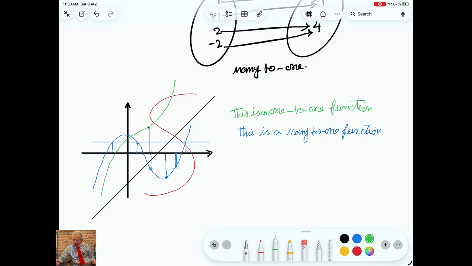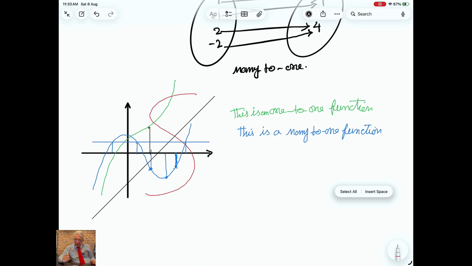Now let's go for the red color one. Red color. Now if I choose one x here, then you can say you have got one y here, two y's, and three y's you have got. Therefore one x has three different y's. Therefore it is not well defined, or it is one to many.